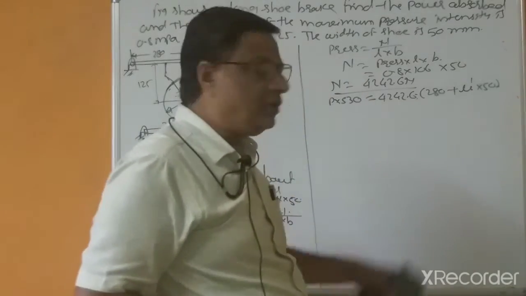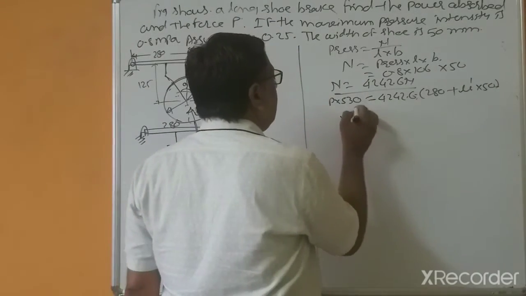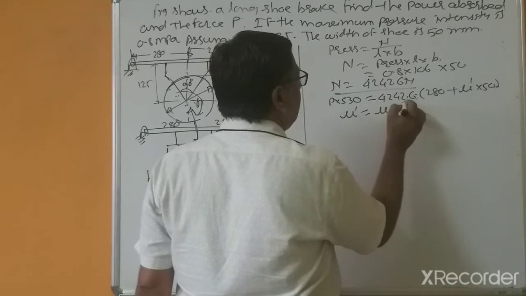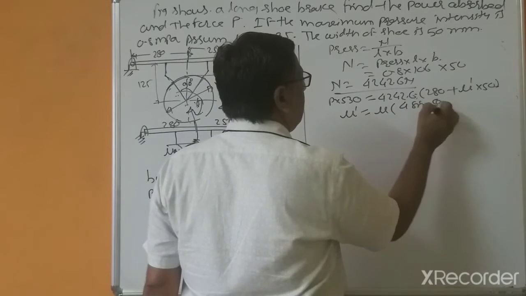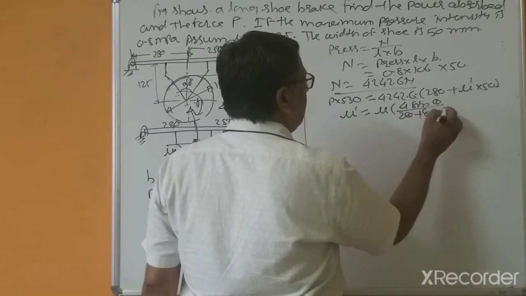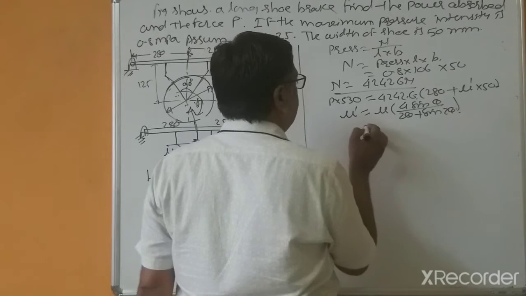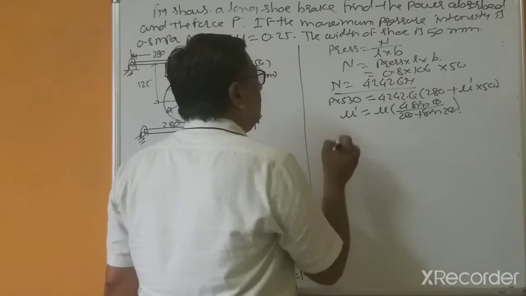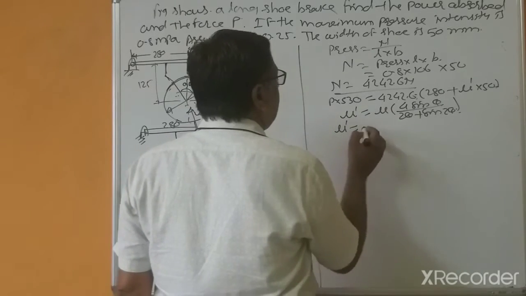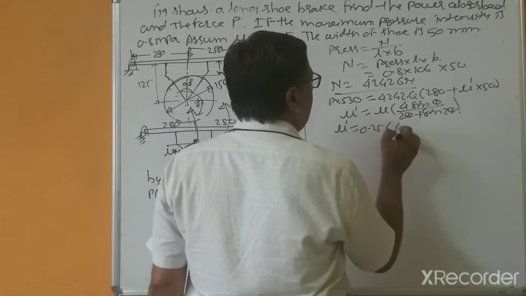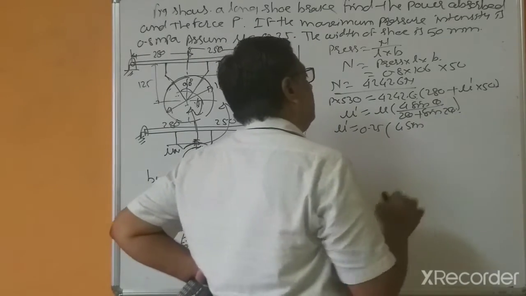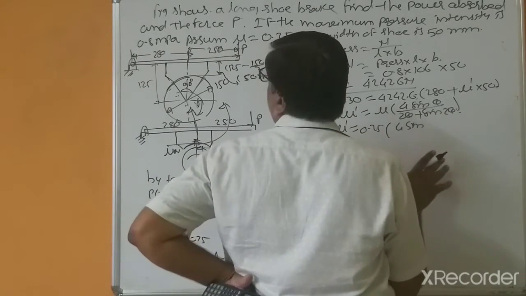Now we have to calculate this mu dash. So mu dash equals mu into 4 sine theta divided by 2 theta plus sine 2 theta, the equivalent coefficient of friction. Mu equals 0.25. 4 sine theta, and this is sine theta.